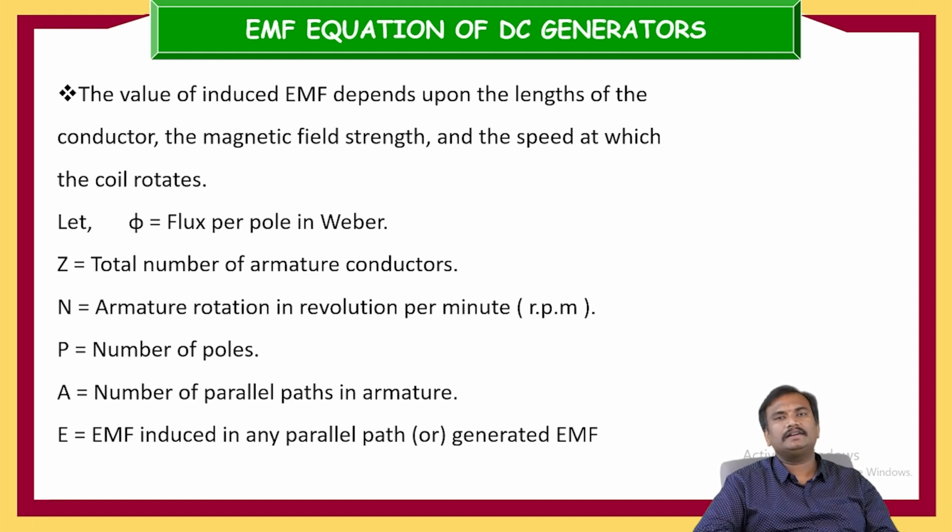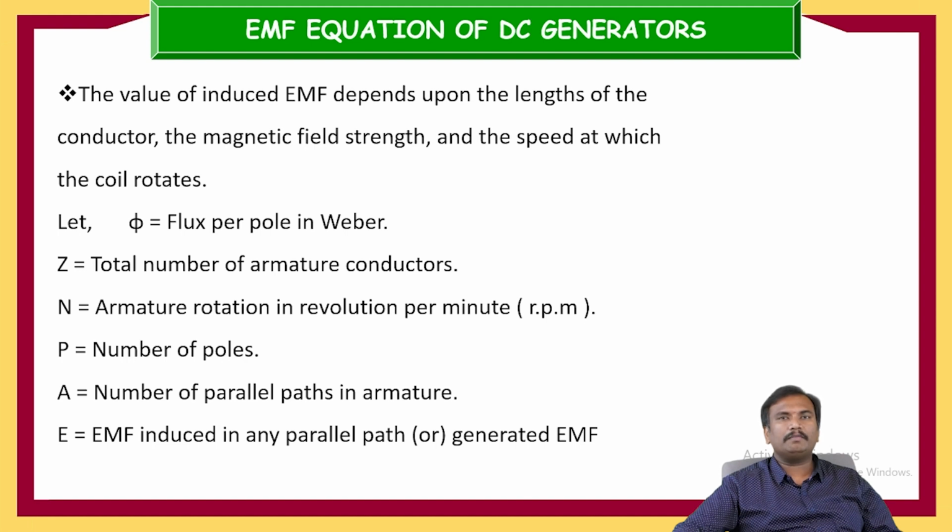Let phi be the flux per pole in Webers, which is the main field flux, Z the number of conductors in the armature, N the speed of the armature in revolutions per minute, P the number of poles, and A the number of parallel paths in the armature. We have seen that the number of parallel paths for wave winding is 2, and for lap winding it equals the number of poles.